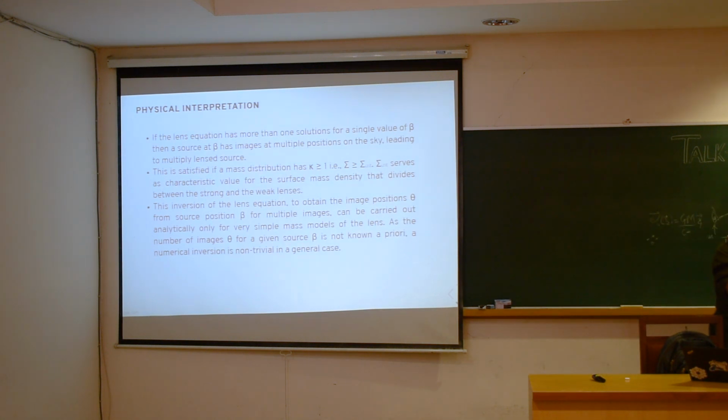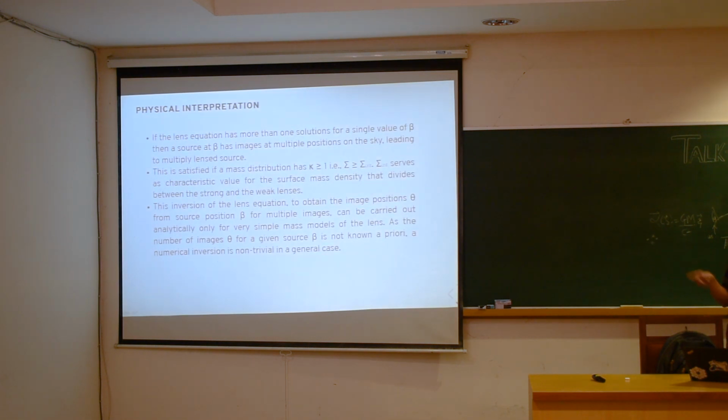You are trying to solve this lens equation, and it might look very simple, but you cannot solve it numerically for a general mass distribution. It is not exactly solvable even numerically.